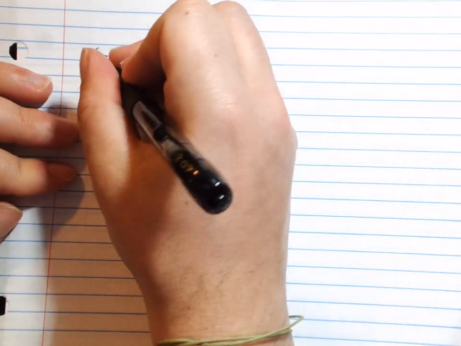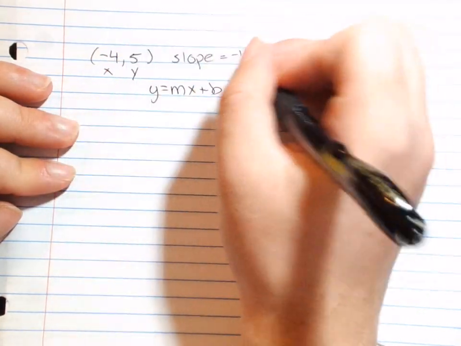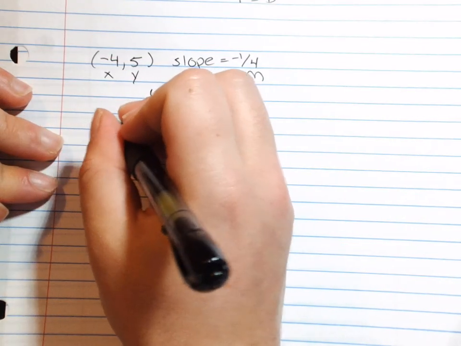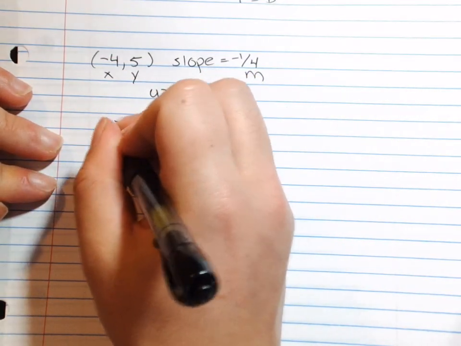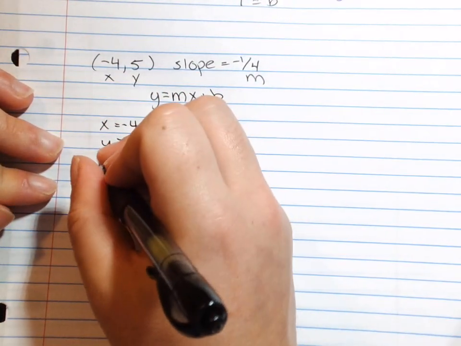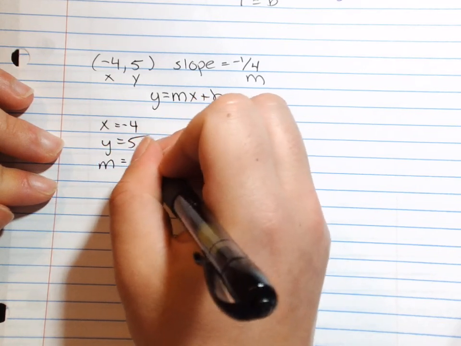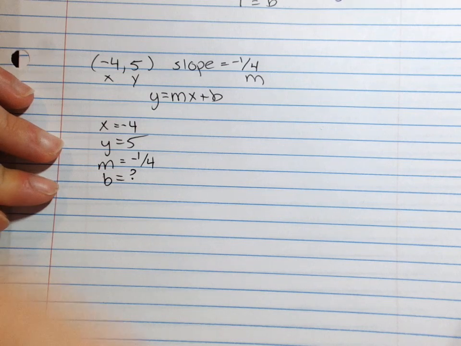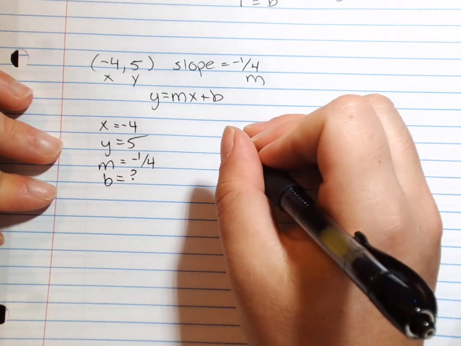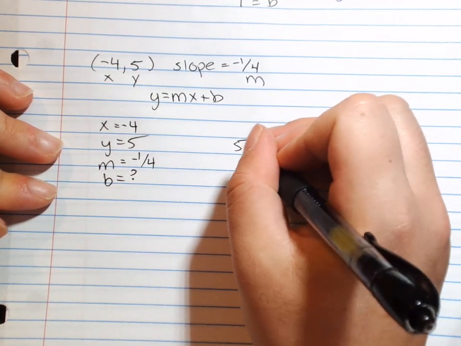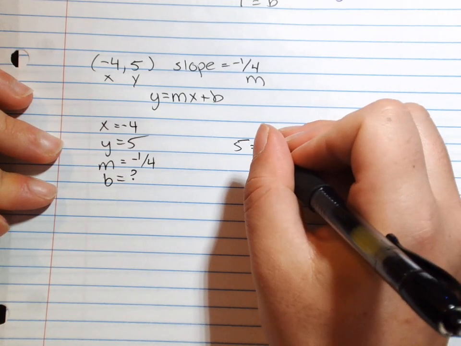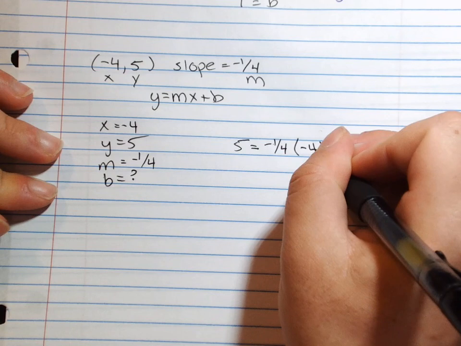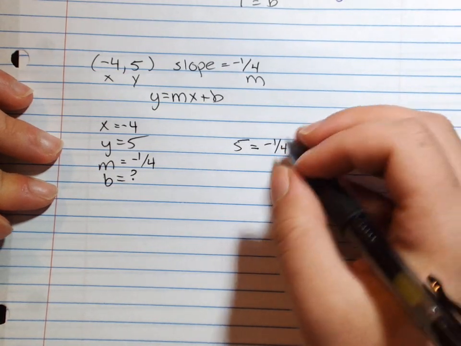And I'm going to label this x, y, m. x equals negative 4, y equals 5, m equals negative 1/4, b, we don't know. I'm going to put my information in, so 5 equals negative 1/4 times negative 4 plus b.